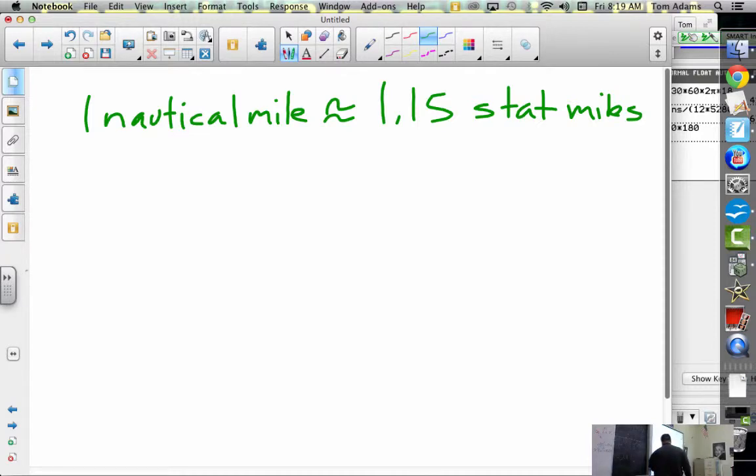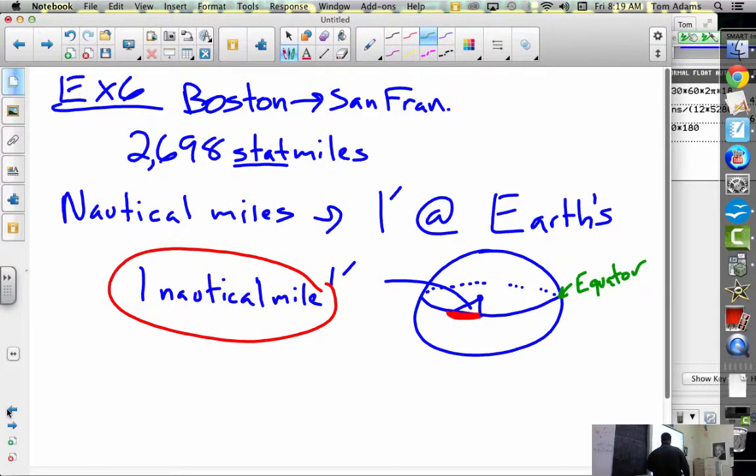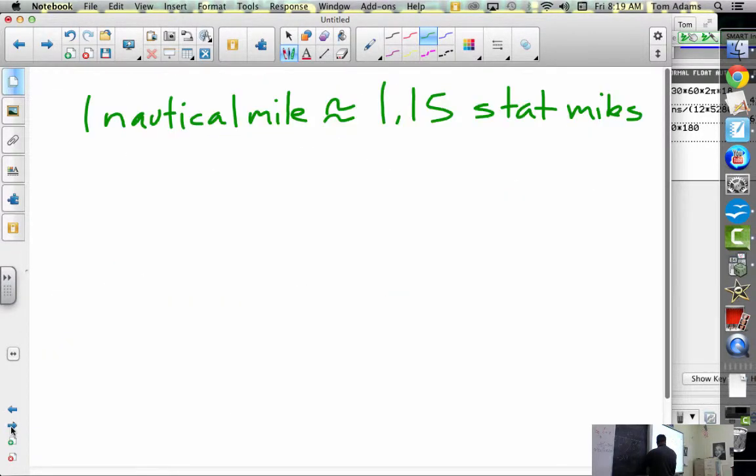Well, what was the original question? This lady's going to fly a plane from Boston to San Francisco. She needs to make all of her calculations on the plane because the plane's flying what we call the Great Circle. So she needs to figure out her nautical miles. So what she's going to do is she's going to fly this many statute miles, and we need to convert that to nautical miles. So we're going to use this conversion ratio.